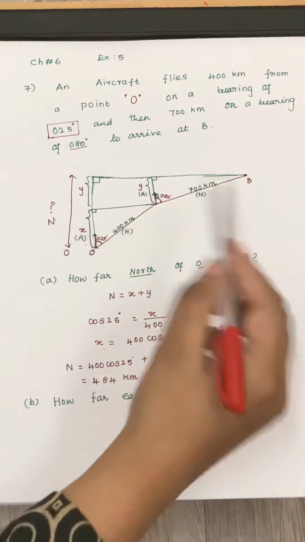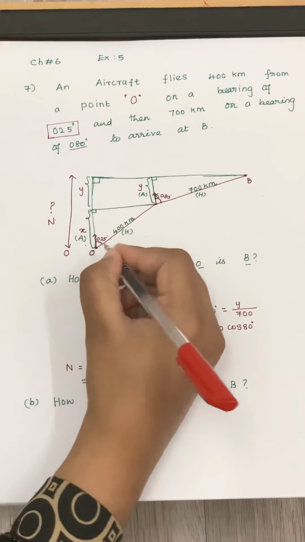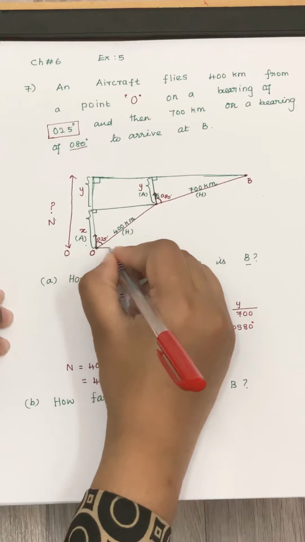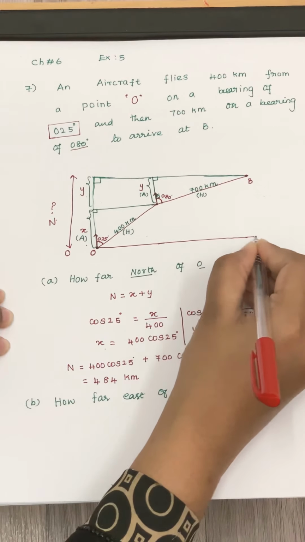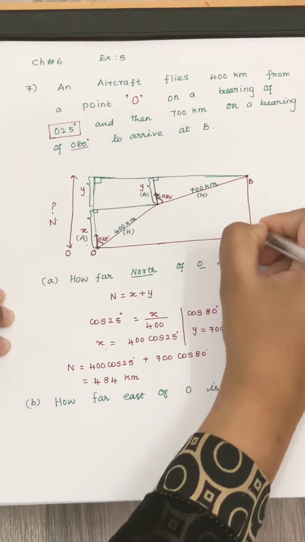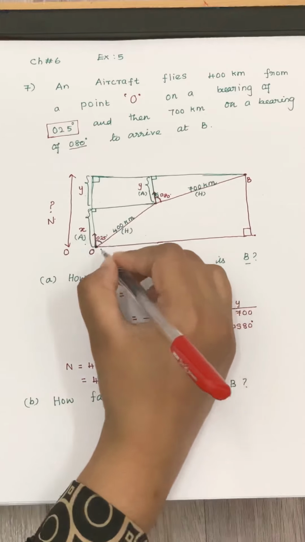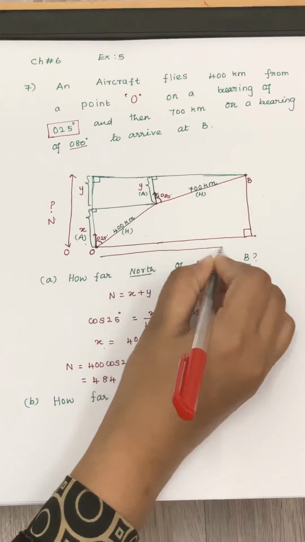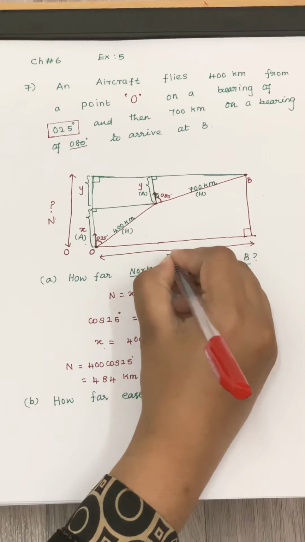This side, right? This side is your east from O to B. So fix your starting point and go like this. East direction I am going. Stop here. So which distance do they want? This distance they want. So this is the east distance.